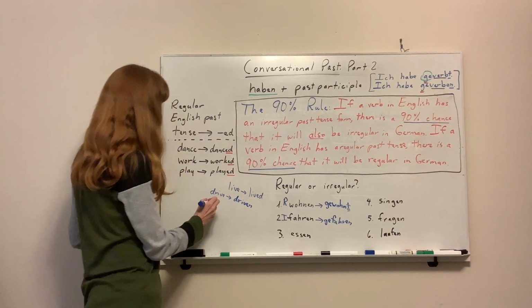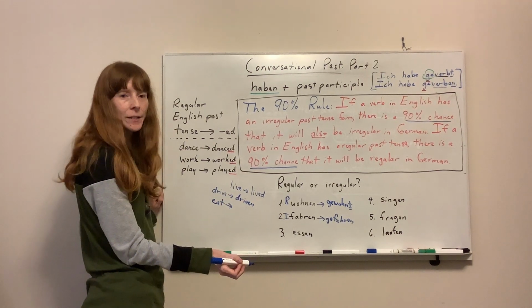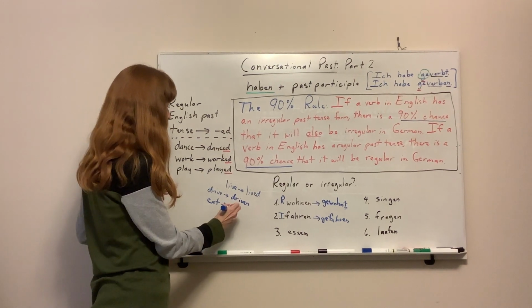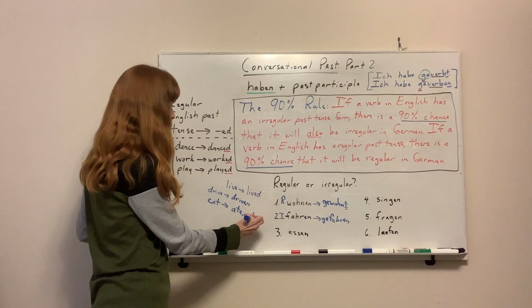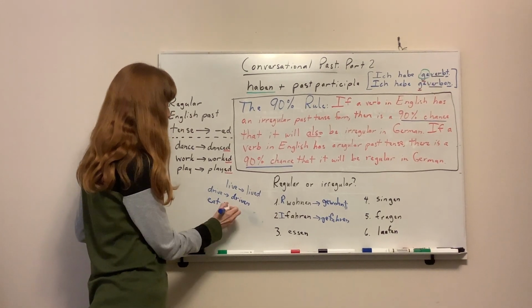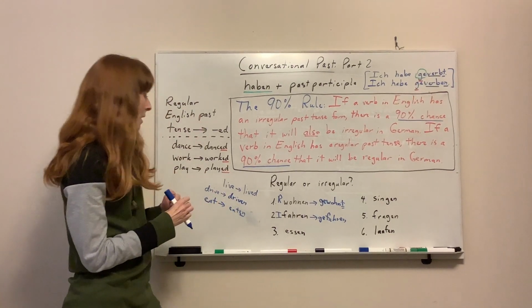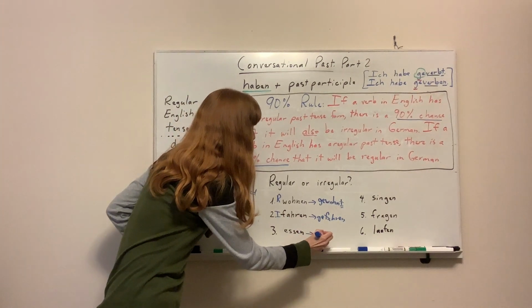Essen, to eat. We wouldn't say I eated. So it is not regular. It does not have an ed at the end. It goes to ate or eaten. Let's stick with eaten. That's more of the participle we're looking for, eaten. So in German, it will end up being gegessen.